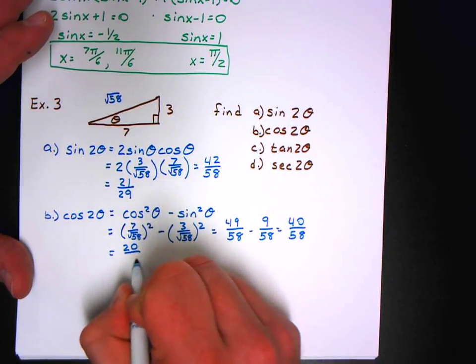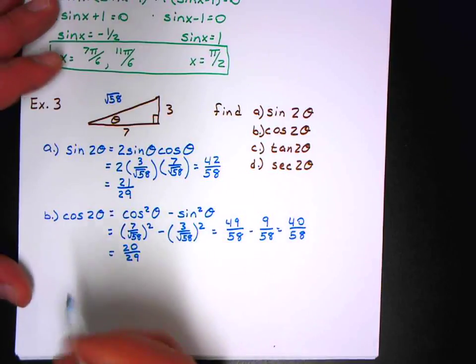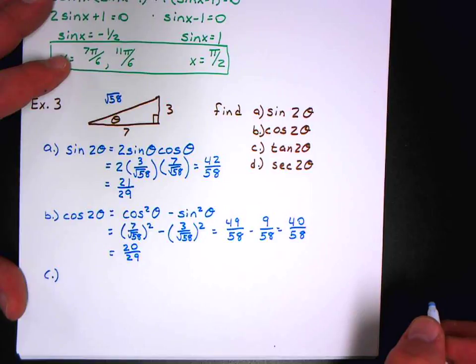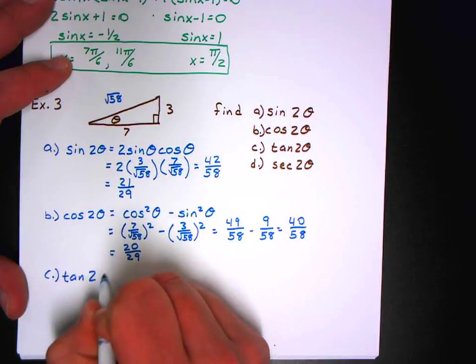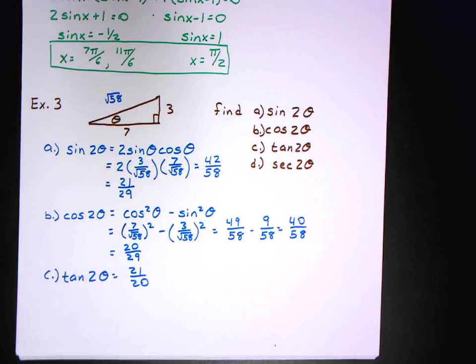Which is 20 over 29. There you go. That's easy.